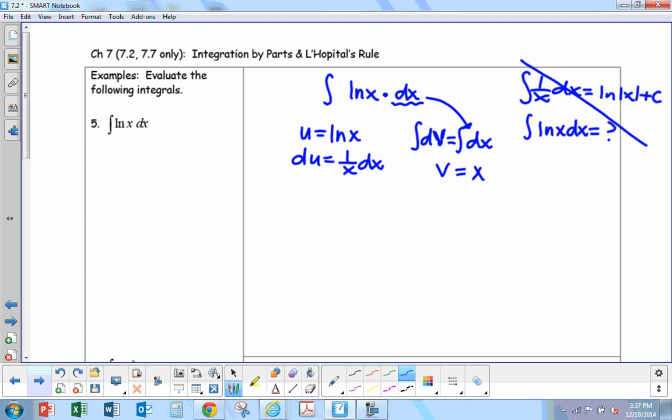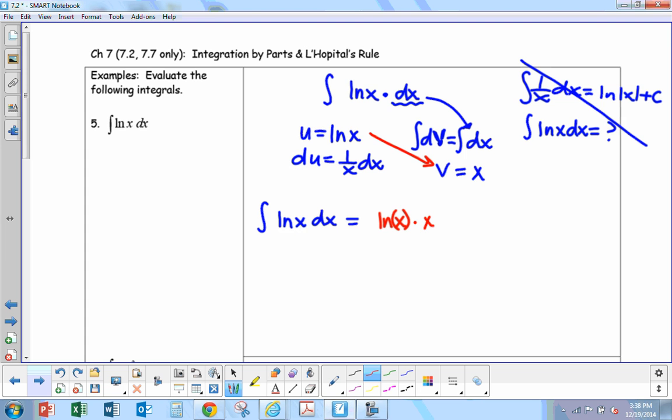Okay, so the integration by parts formula tells me that the integral of natural log of x dx is going to be equal to, and now I use the arrows that I've been talking to you about, u times v, so natural log of x times x. It might help you to use parentheses here. We're only taking natural log of that first x.